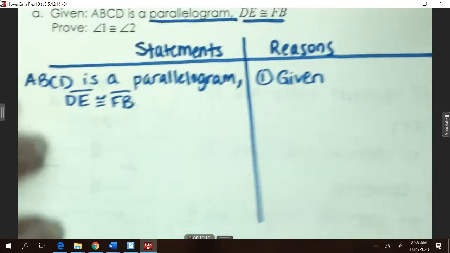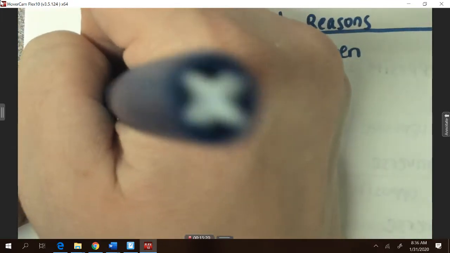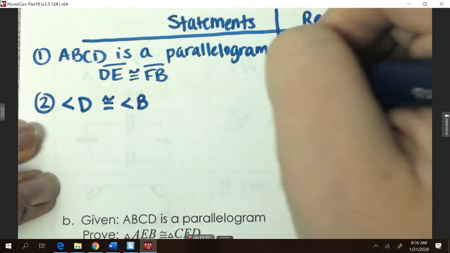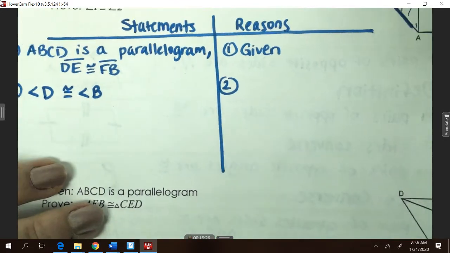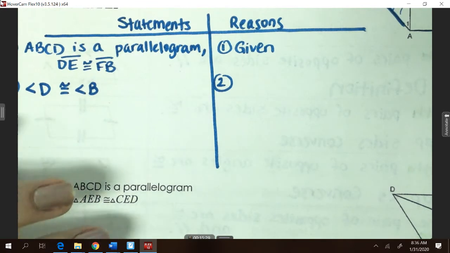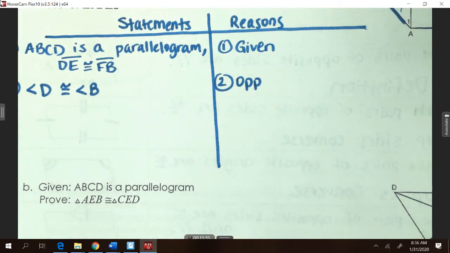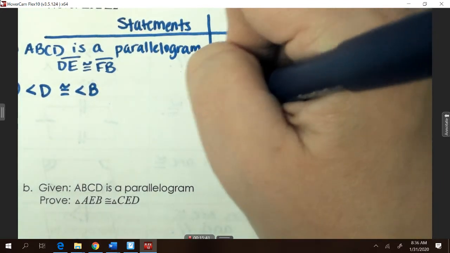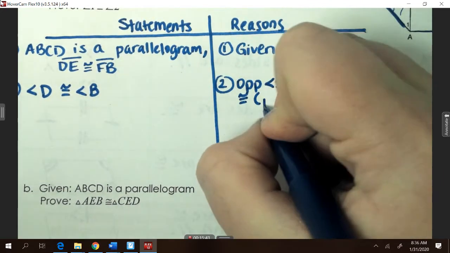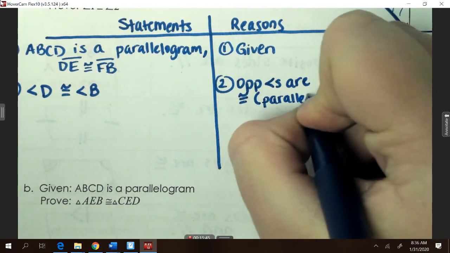Okay, so I'm going to put in my proof. Step 2 is that angle D is congruent to angle B. And my reason, I would accept two things. You could put the reason that opposite angles are congruent, and then put in the parentheses that that's a parallelogram property.